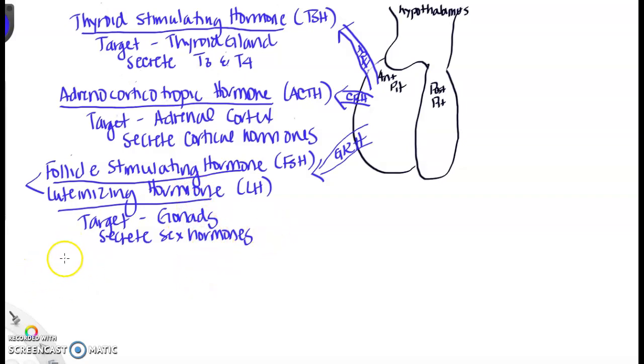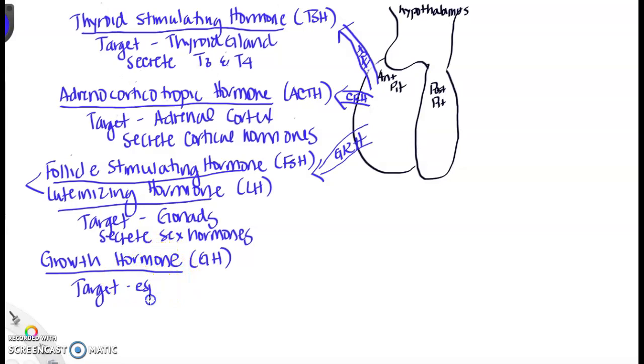All right, the next hormone is growth hormone. So growth hormone is the first hormone that we are looking at that is not tropic. Okay, its target is most cells, but especially bone and muscle cells.